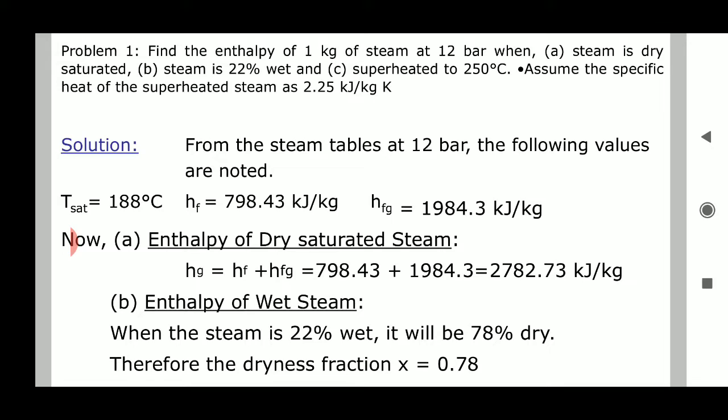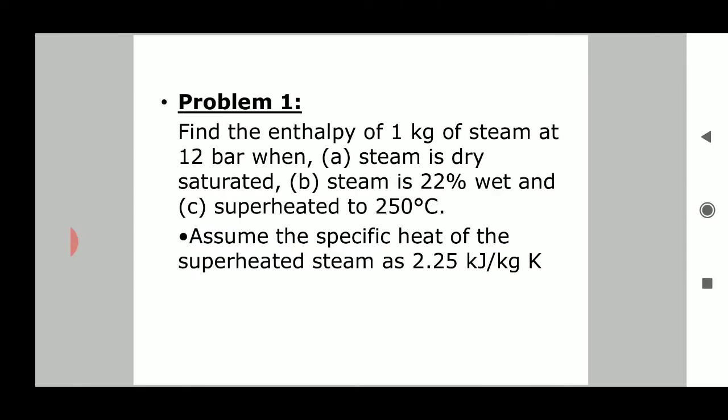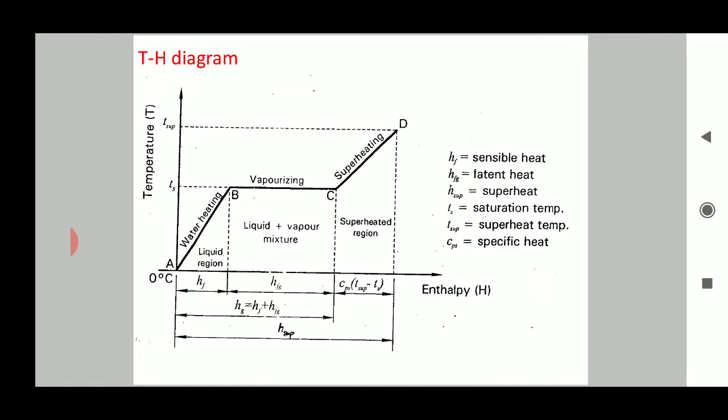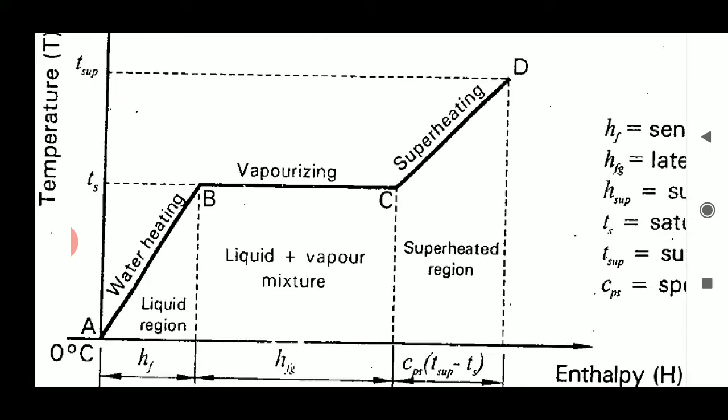When steam is dry saturated, from this figure, dry saturated means when it is at the point C. It is under a saturation temperature, saturated, and it is dry. Dry means completely there is no liquid phase in that.